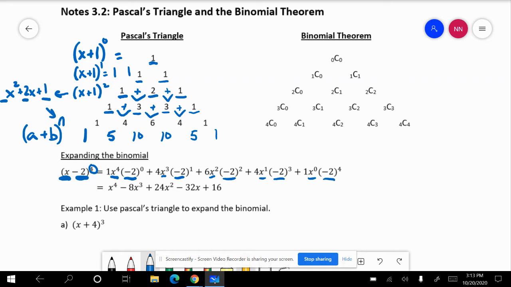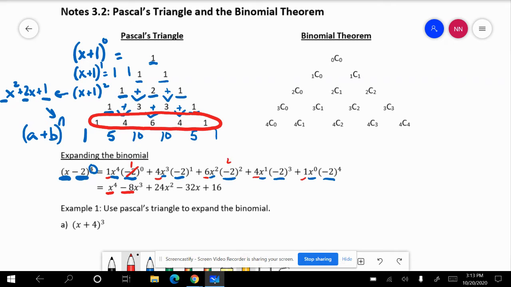Now, because this is degree 4, notice that when we're looking at degree 4 on Pascal's triangle, our coefficients are 1, 4, 6, 4, 1. Then what we do is we multiply them. Anything to the 0 is 1. 1 times 1 is 1, x to the 4th. 4 times negative 2 is negative 8, x to the 3rd.